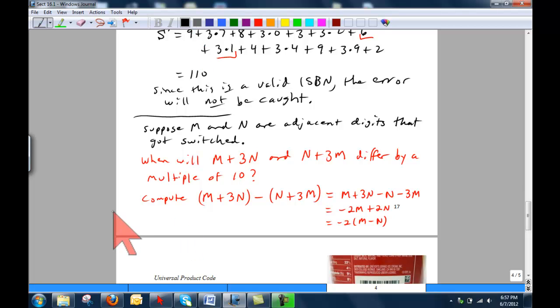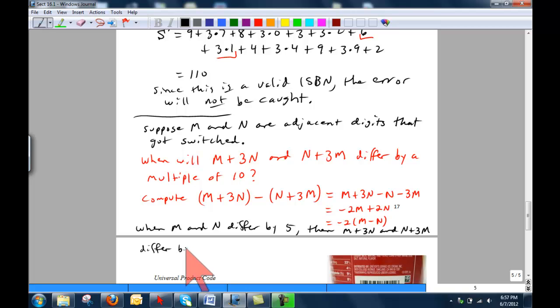And so the answer: when m and n differ by 5, then m plus 3n and n plus 3m differ by a multiple of 10, and the error won't be caught.